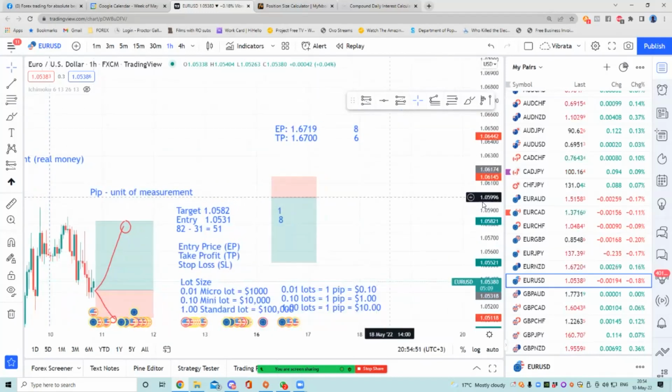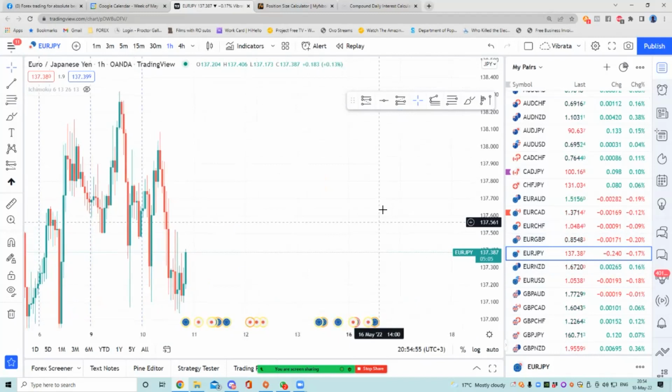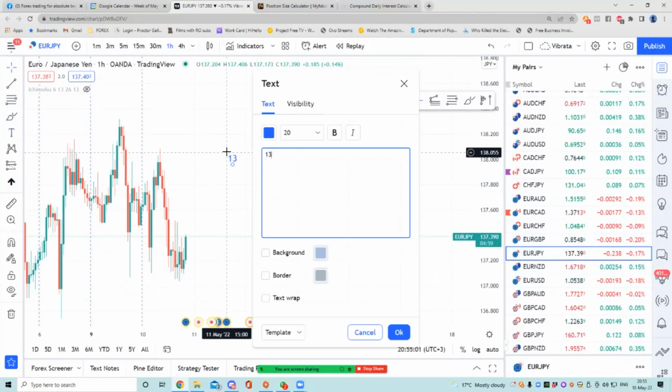Shall we try an example with a JPY pair? So let's look at the price of Euro JPY. The current price is 137.390. Let's imagine that's our entry price. And our take profit is 137.690.